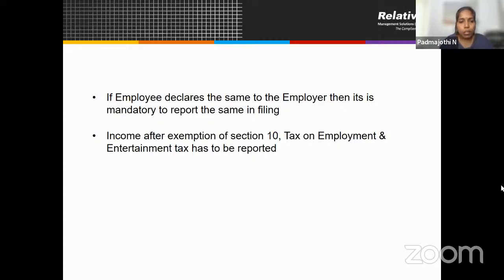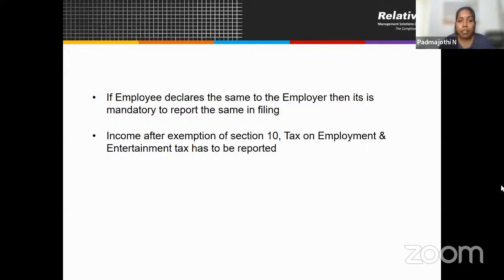Then the government will not ask any question to us, because from any other source we don't get any information for that. So it's up to the employee. If they have submitted, then you have to consider it. Otherwise, it's not required. So if the employee declares the same, then the employer has to report the same in the filing.